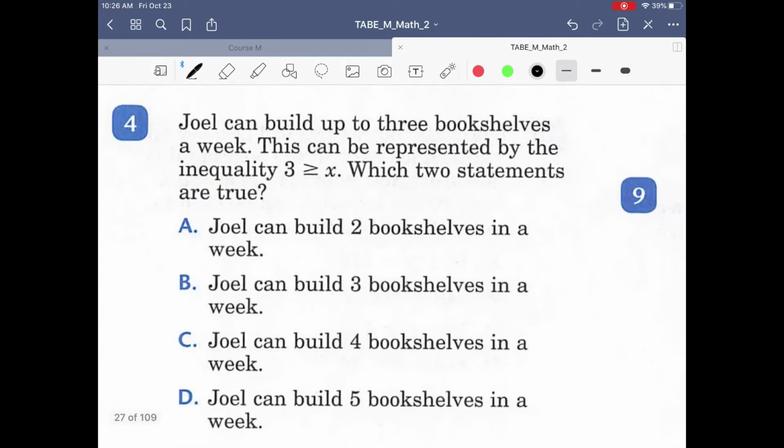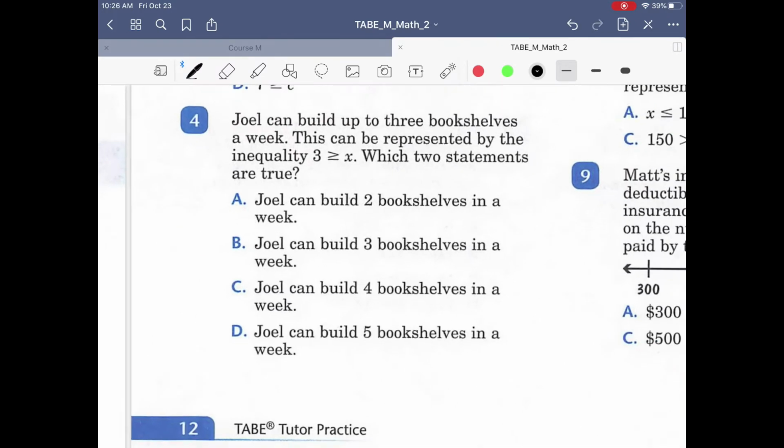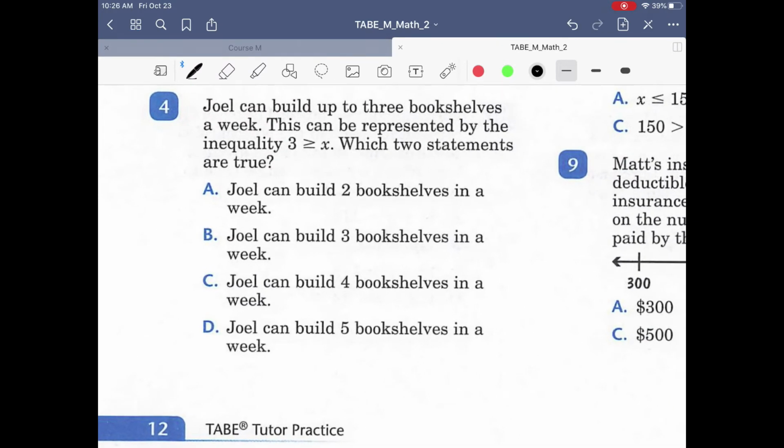Number 4. Joel can build up to 3 bookshelves in a week. This can be represented by the inequality 3 is greater than or equal to x. So which two statements are true? Now if we graph this one, I think it'll be a little easier to see.